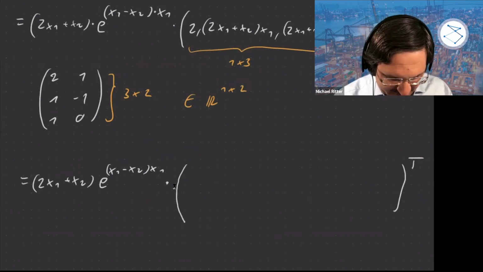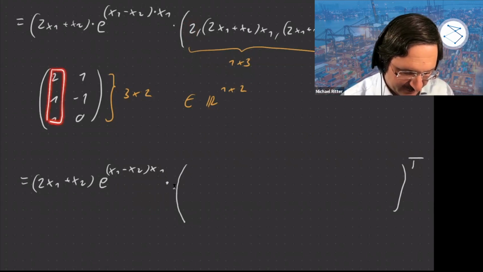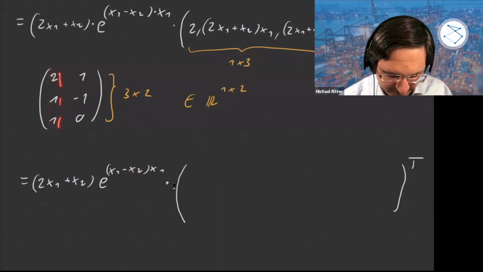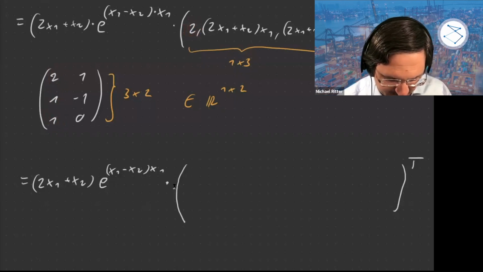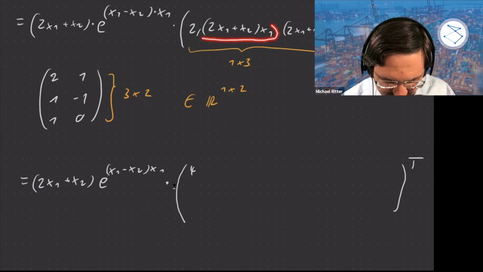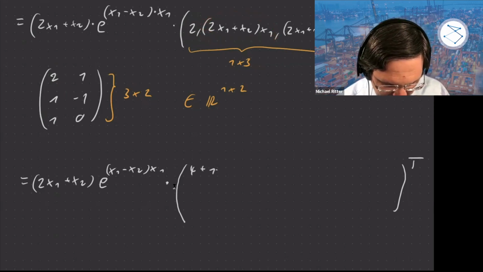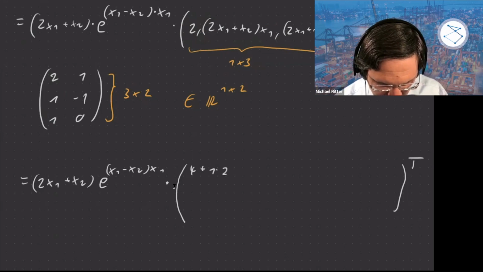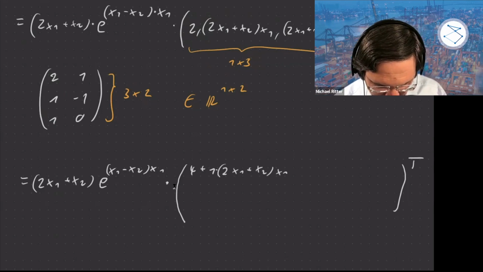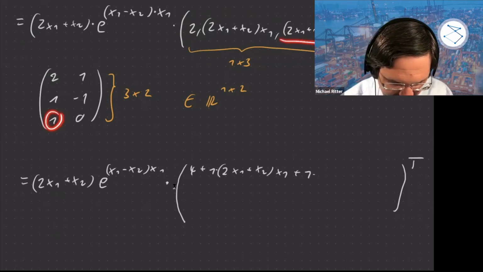So the result of this is going to be, now here we get first column first. So we have 2, 1, 1. 2 times 2 is 4. 1 times this factor here. So that's plus 1 times 2x1 plus x2 times x1, plus, and then 1 times this factor here.